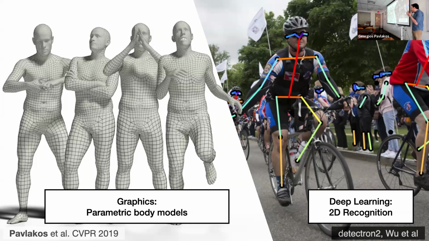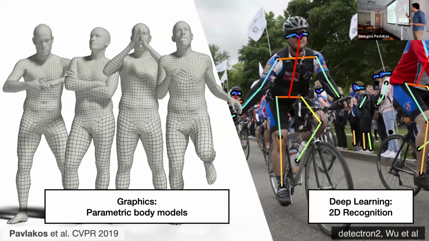Instead of using these models to detect 2D patterns on images, we are able to lift the content of an image to 3D and the content of a video to 4D. This is what I will present today, my recent work in this space.